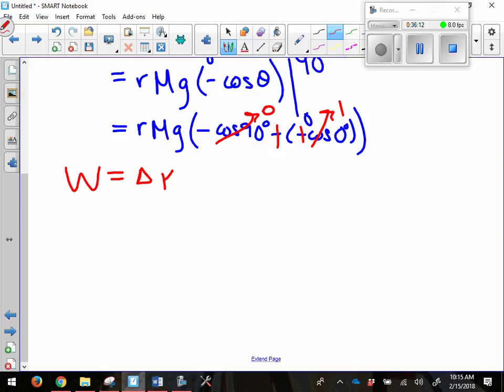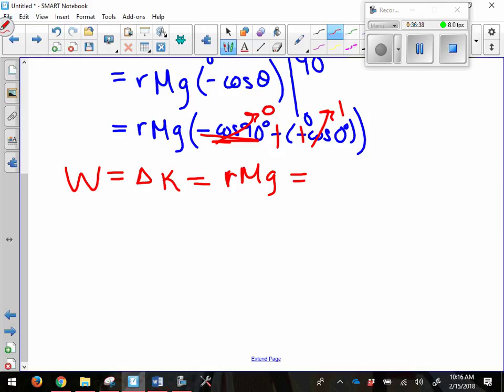So my work, which is equal to delta k, is going to be RMG. This negative sign went with this term that went away. It's okay. Okay, so that's pretty cool.